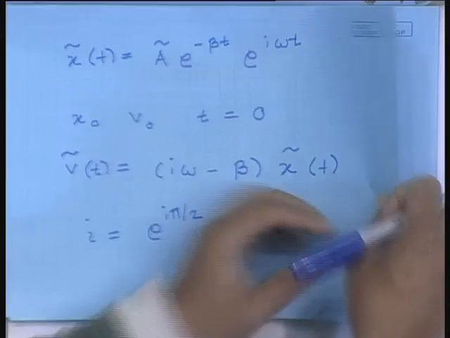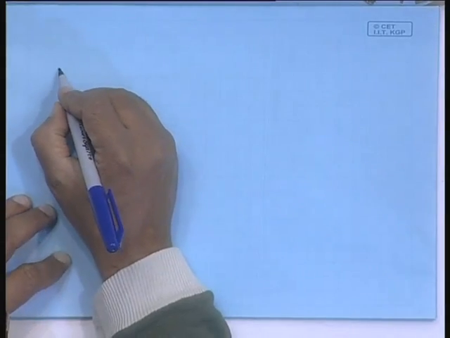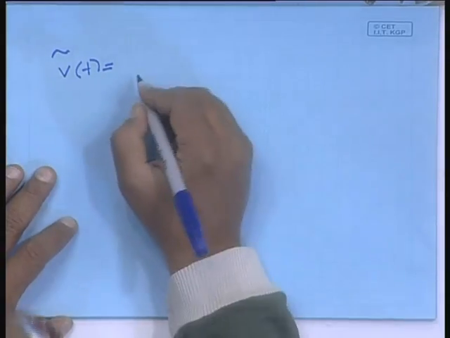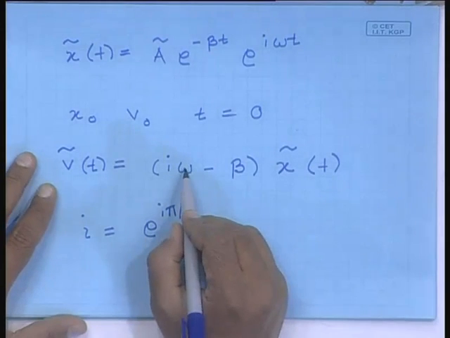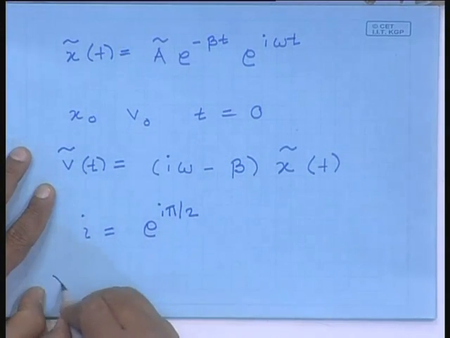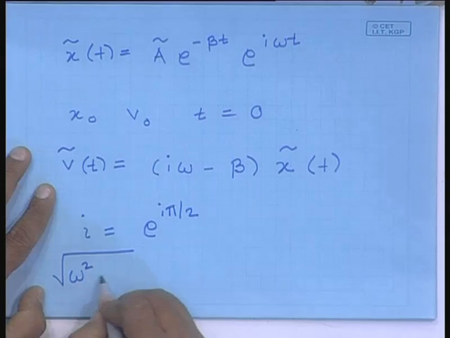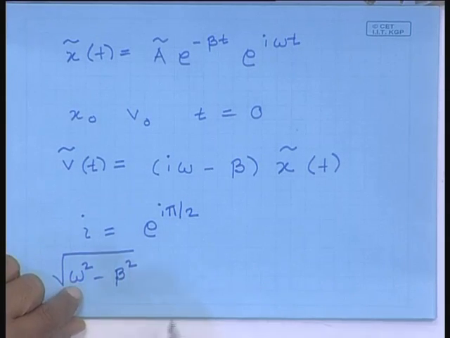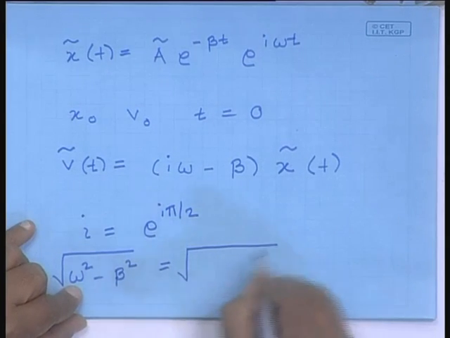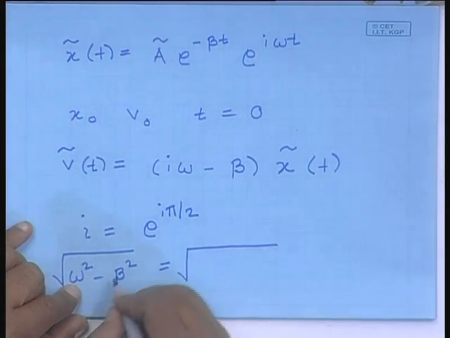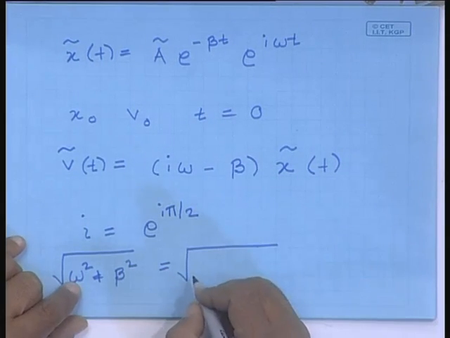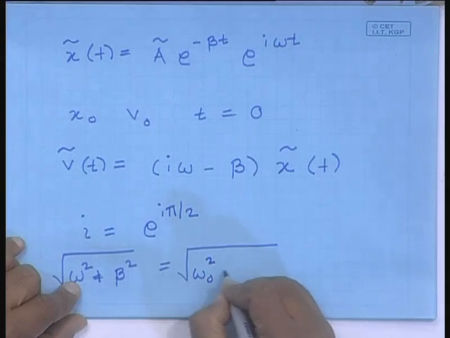Recollect that the frequency omega of an underdamped oscillator is related to the undamped frequency omega naught, and omega square itself is omega naught square minus beta square.